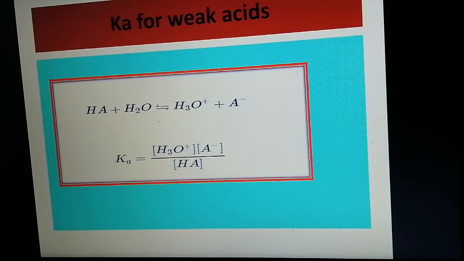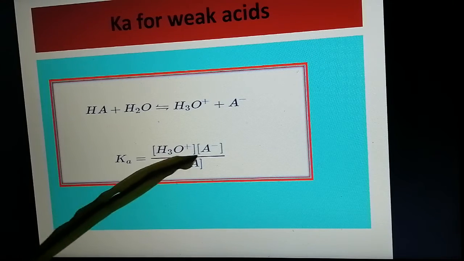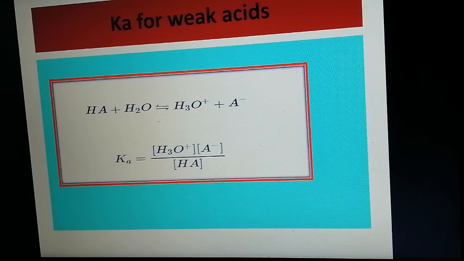Now we will make some assumptions here. Here you can see the H3O plus and A minus. We assume the weak acid is only partially ionized, so the number of H3O plus ions will be equal to the number of A minus ions.